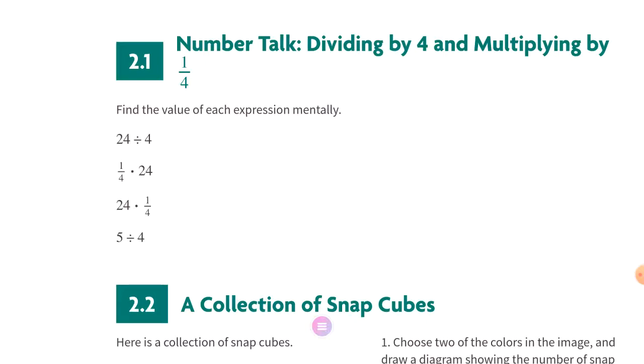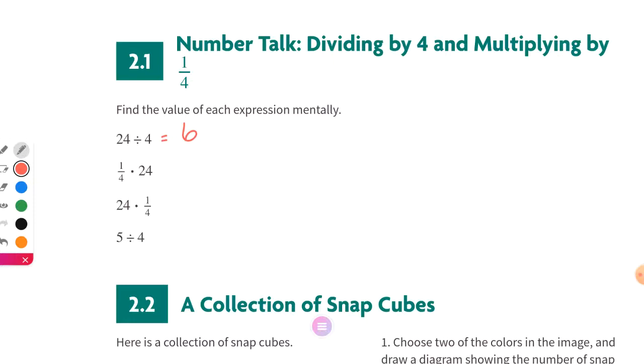Okay, let's just do this math. What's 24 divided by 4, Dawson? 6. Now, 1/4 times 24. Let's work it out the long way, and then we'll see if we can find the trick, because there is a trick.